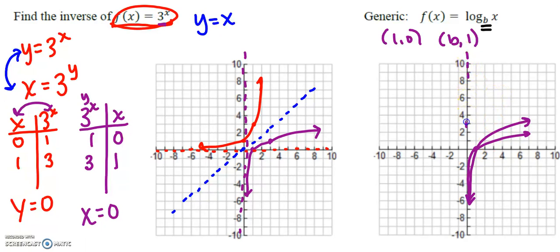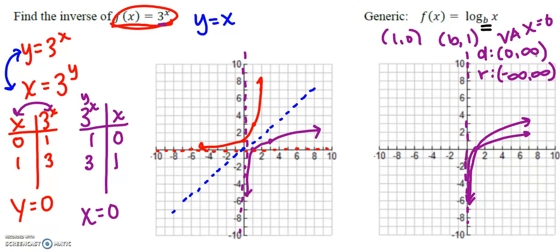But we're always going to have this vertical asymptote at x equals 0. Our domain is only going to be from 0 to infinity, because that had been the range of our exponential. And our range then is going to be negative infinity to infinity, because that had been the domain of the original.